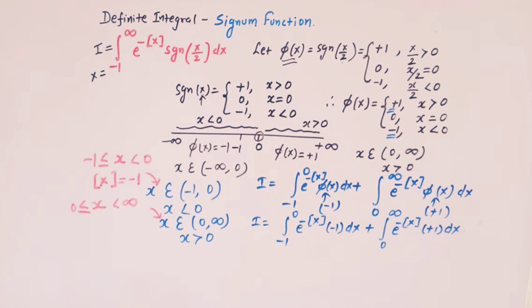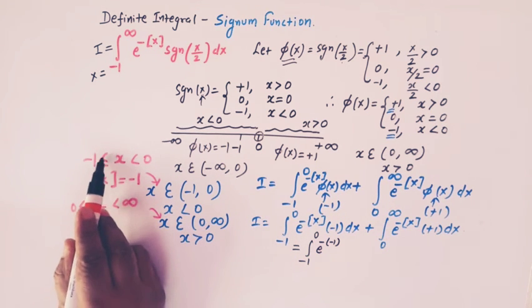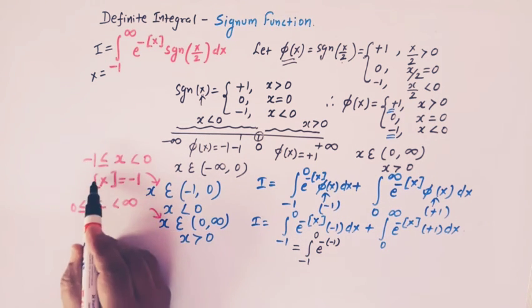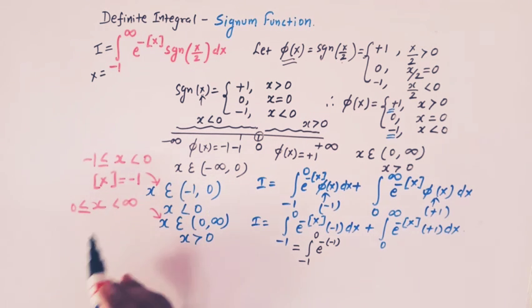So here we can now take this integral as -1 to 0, and here we have e raised to minus and -1, because when x lies between -1 and 0, the value of greatest integer x is equal to -1.